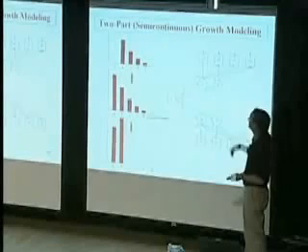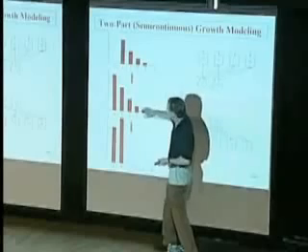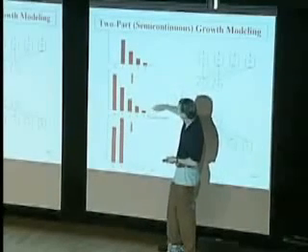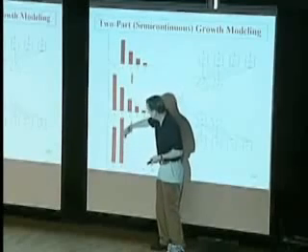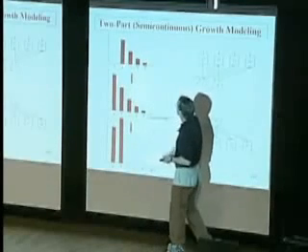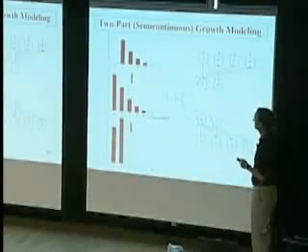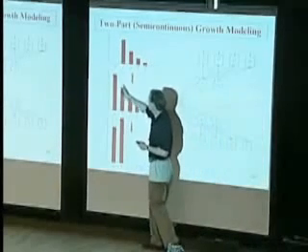I shouldn't do that, because two-part modeling is not two-class modeling. So once again, this is frequency of heavy drinking in the last 30 days. You split it up into people who did not and those who did. And among those who did, how many times did they do it? So this tail up here is exactly what you have here.